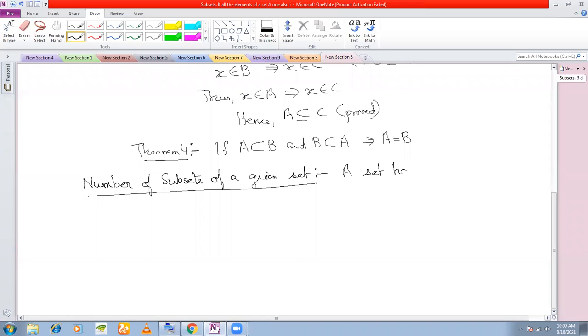A set having n elements has 2 to the power of n subsets in total. Example.